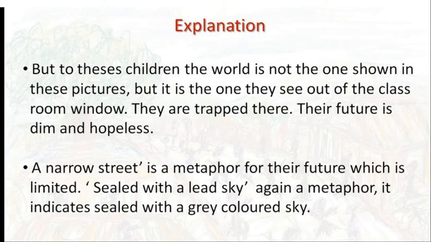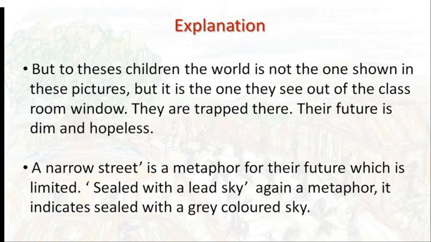It is a narrow street means their world is confined to the narrow streets which are covered with lead sky. Lead sky refers to dark, dull sky. Sealed means covered or enclosed.